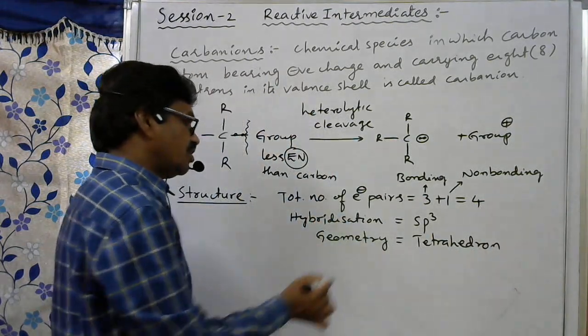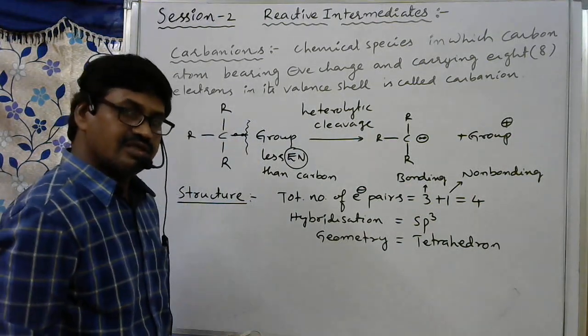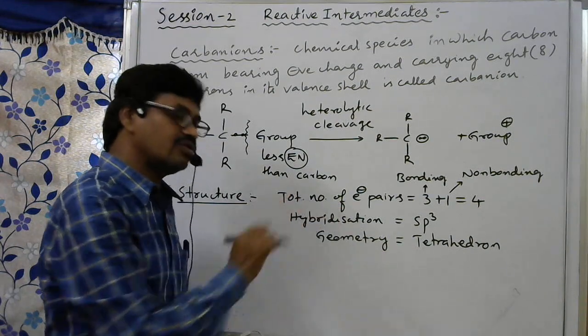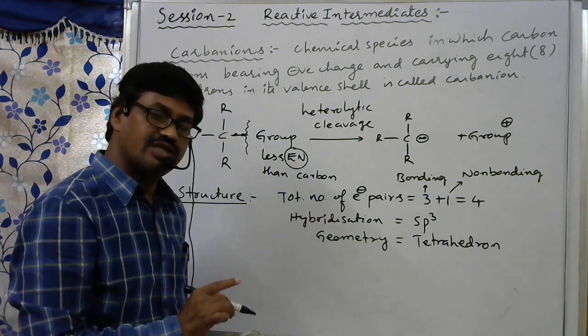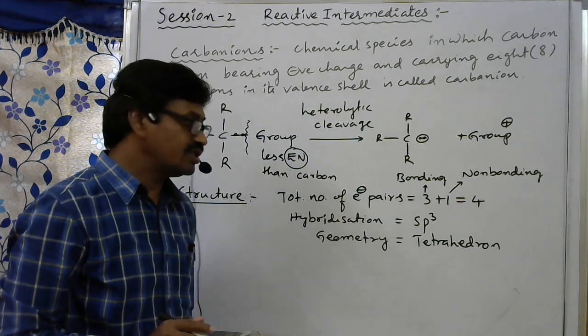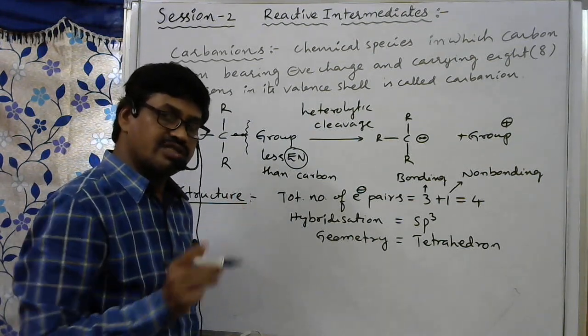This is the geometry, tetrahedral geometry. But here, because of the presence of one non-bonding electron pair, we should not consider that in shape. Geometry is tetrahedral only. But according to VSEPR theory, the orbitals with lone pairs are not considered in shape.